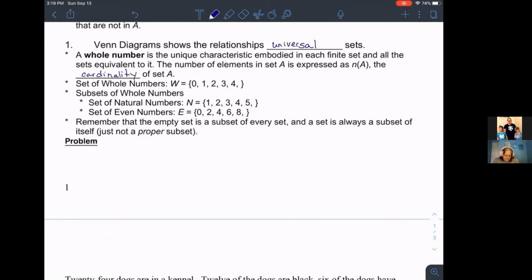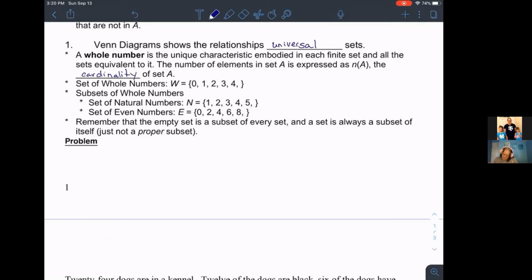The set of the whole numbers W is equal to 0, 1, 2, 3, and 4. Subsets of whole numbers include the set of natural numbers or even numbers. Remember that the empty set is a subset of every set, and a set is always a subset of itself, not just a proper subset.